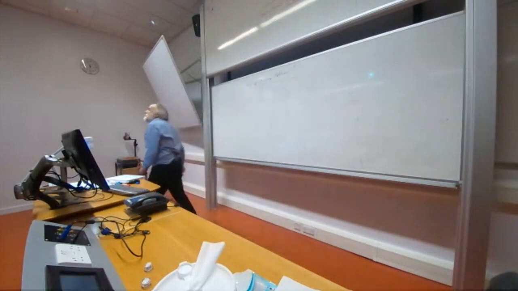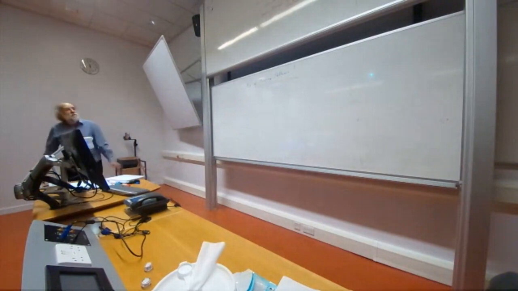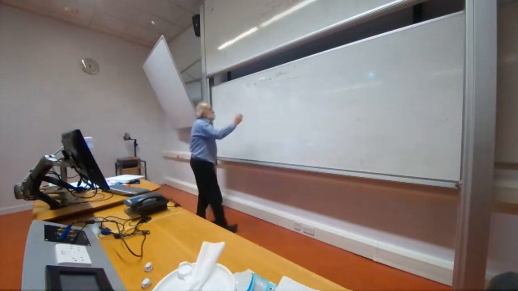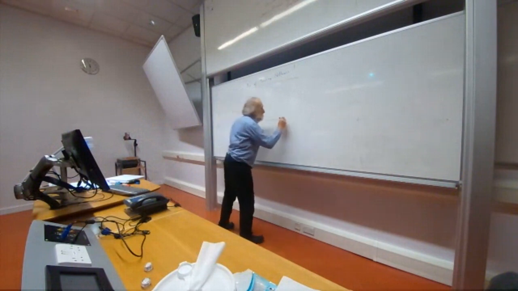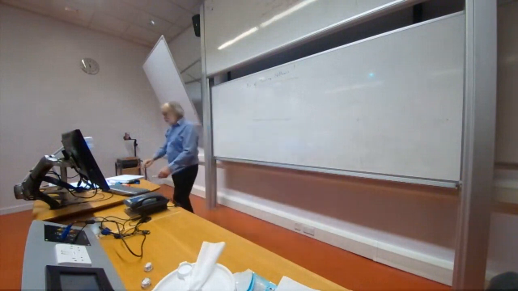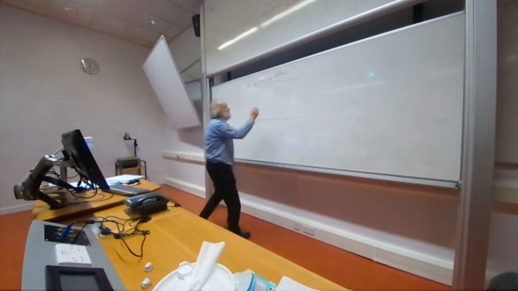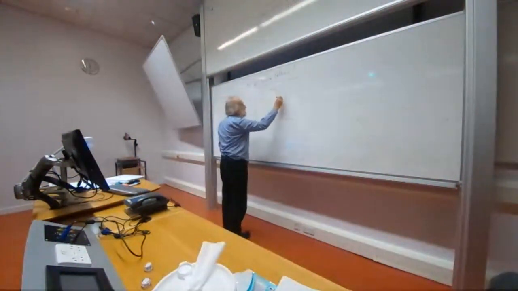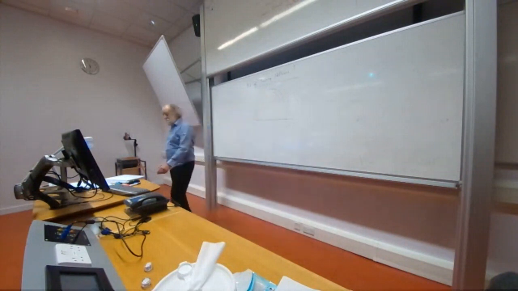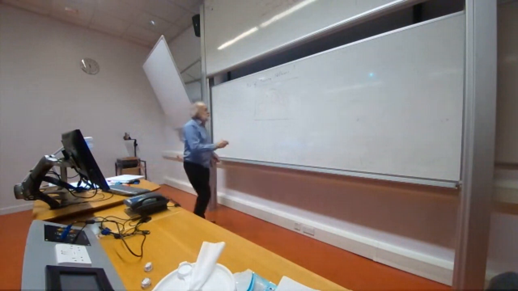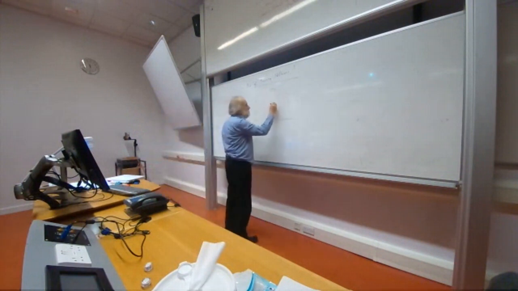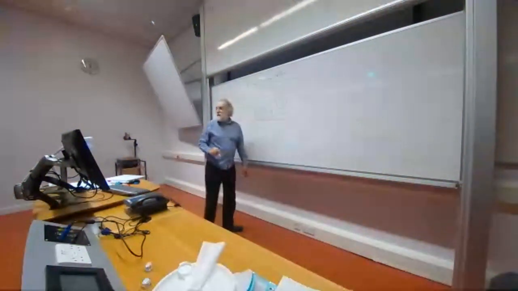Right. Let's take a difficult but solvable problem. 2 dimensions again. And supposing I've got a cluster, call that A, and I've got another cluster, let's call that B. Remember, these are points, 2-dimensional vectors.